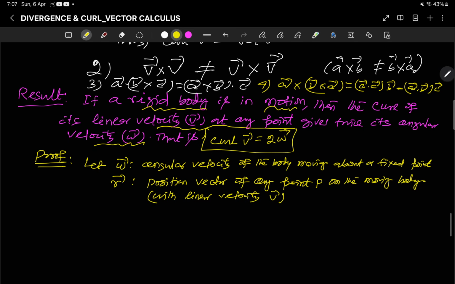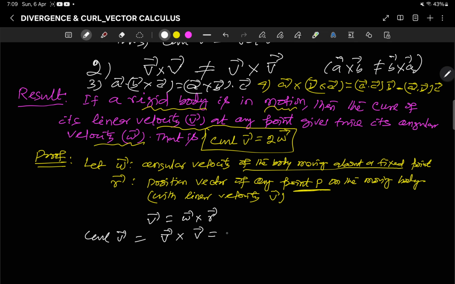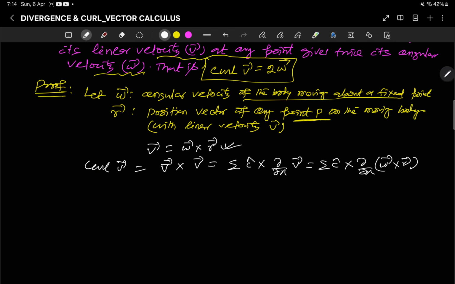Now coming to the proof. Let W be the angular velocity of the body moving about a fixed point, and R be the position vector of any point P on the moving body, with linear velocity V. From physics you know V is equal to W cross R. Now curl of V is equal to del cross V, which is the summation of I cap cross del by del x of V, and V is W cross R. That is equal to the summation of I cross W cross del R by del x.